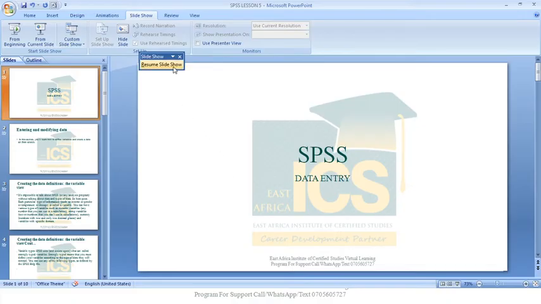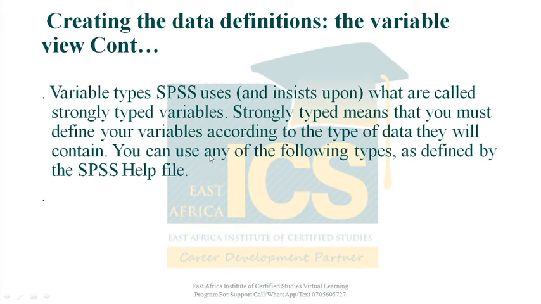So variable types. SPSS uses and insists upon what are called strongly typed variables. Strongly typed means that you must define your variables according to the type of data they will contain. So when we are defining, for instance, the age, we define it so that it's going to only take in a number.